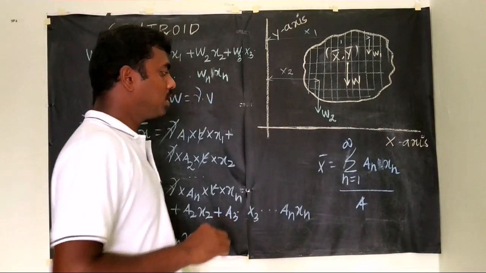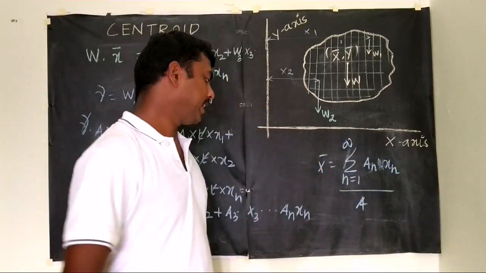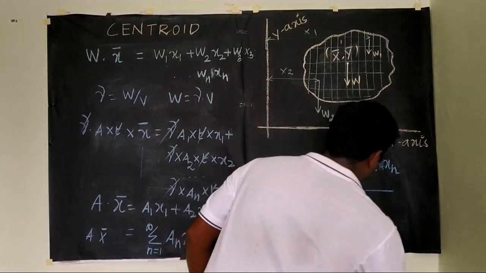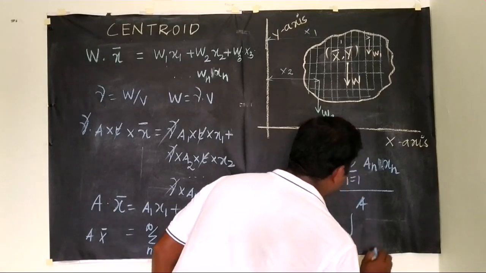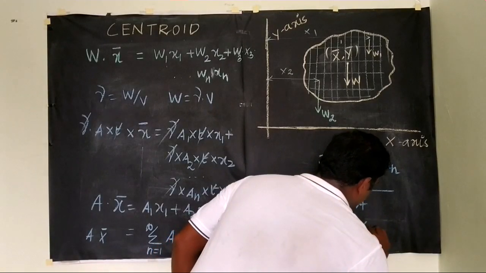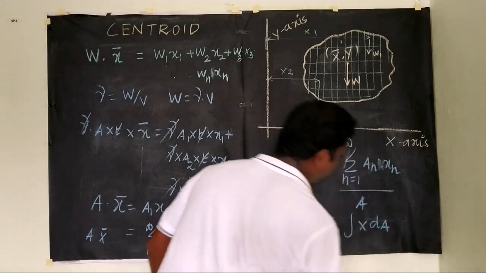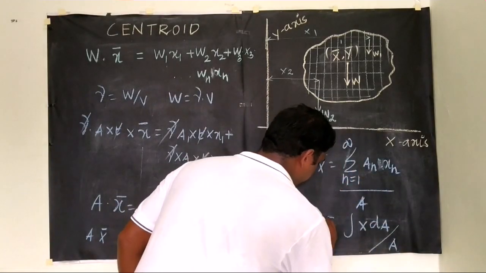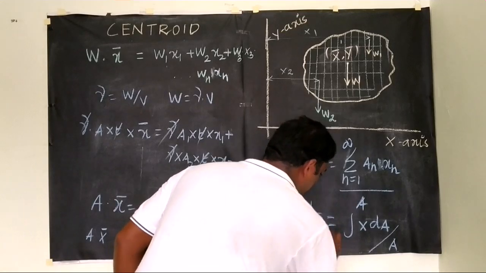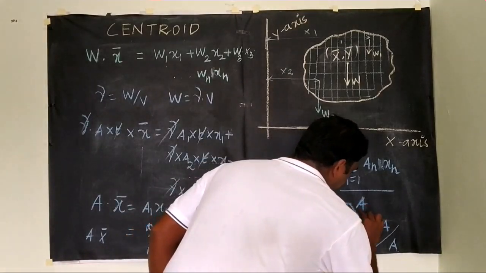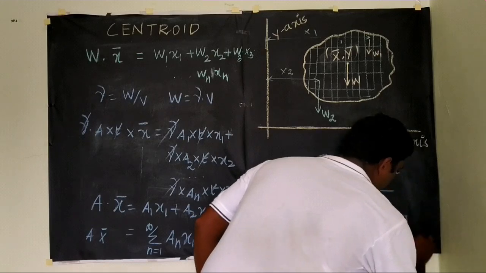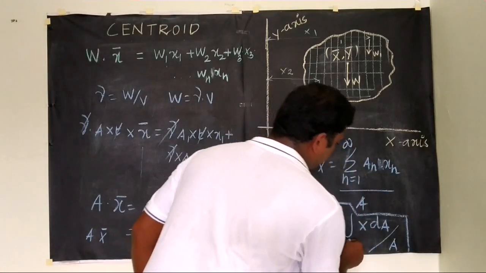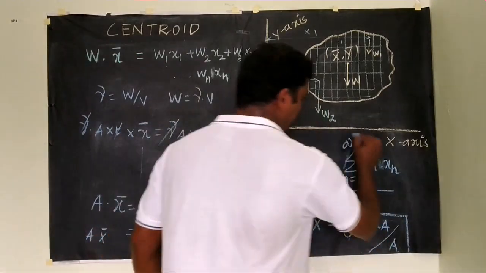In some other books, this term is rewritten as integral of x into dA by capital A. Okay, x bar. In some other books, they may write like this. This integral of x dA is similar to this term.